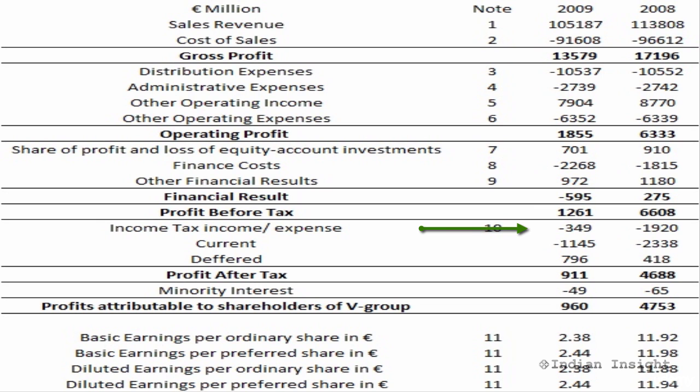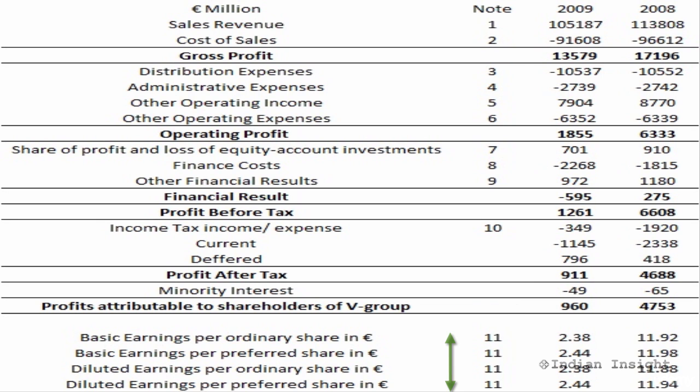Total income tax expense in 2009 is 349 million, resulting in profit after tax or net income of 911 million. After allocating losses attributable to minority interest ownership in V Group subsidiary companies, the profit attributable to shareholders of V Group for 2009 is 960 million.